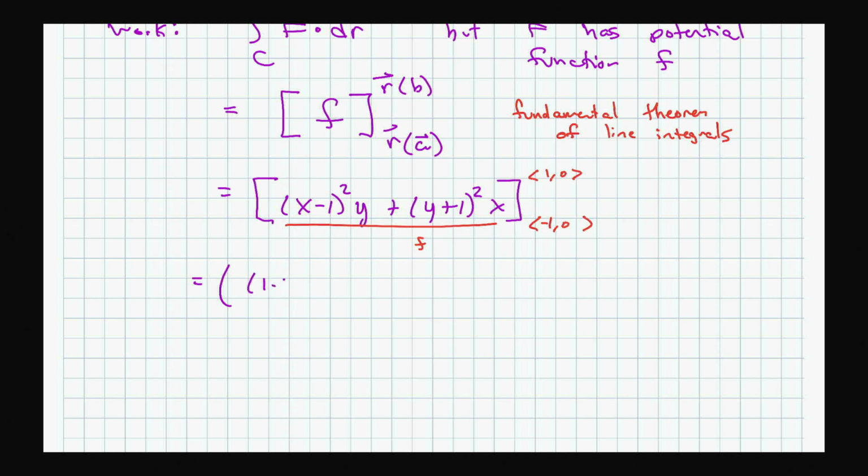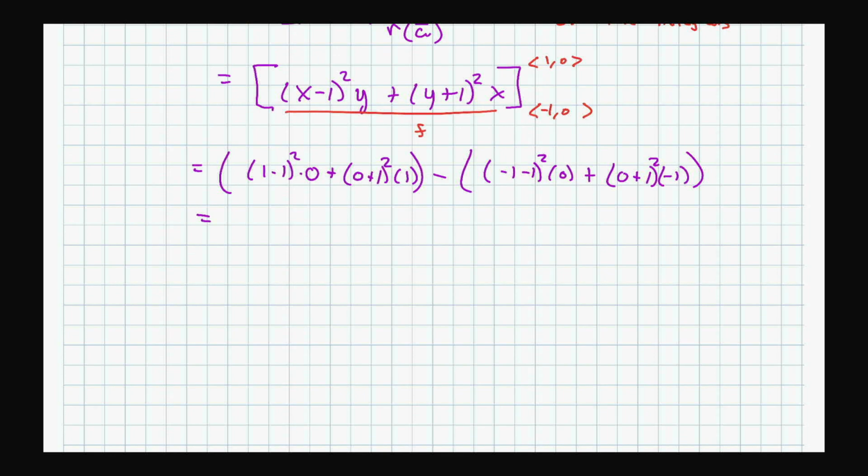So we're going to get (1 minus 1) squared times y, which is 0, plus (y plus 1), which is 0 plus 1 squared times x, which is 1, minus, plug in (-1, 0): (-1 minus 1) squared times 0, plus (y plus 1), which is 0 plus 1 squared times x, which is -1. Then you just work all this out. So what do we got?